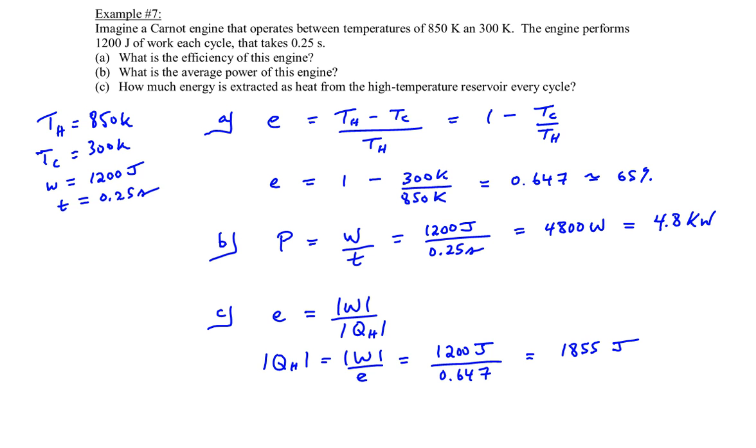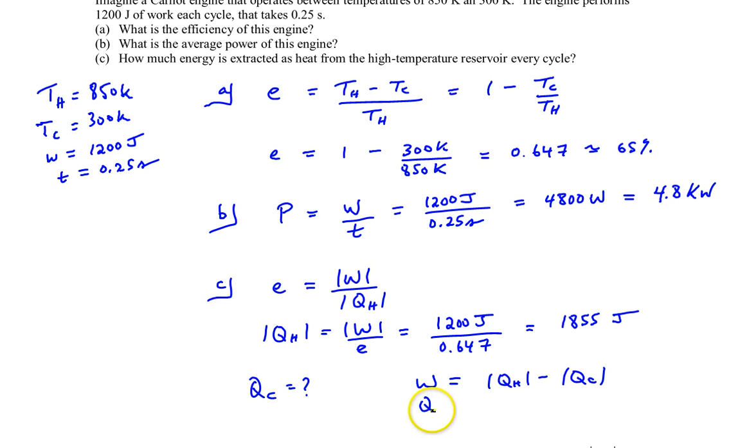Now maybe as an aside, we'll ask one more question. How much energy would be delivered as heat to the low temperature reservoir? So what is QC equal to? Remember that for a Carnot engine, the work done per cycle is equal to the energy input minus the energy output.